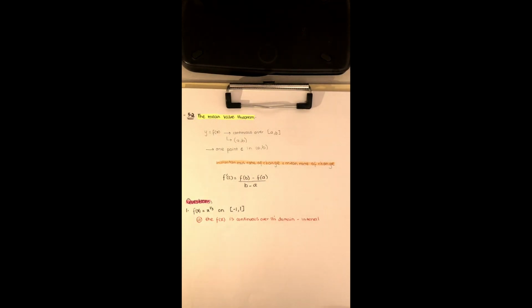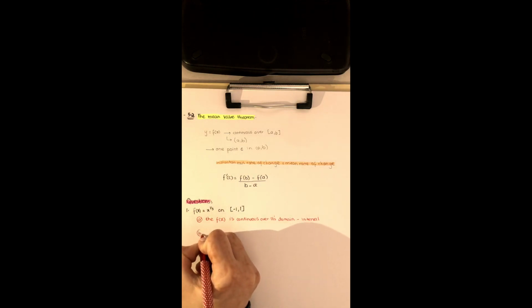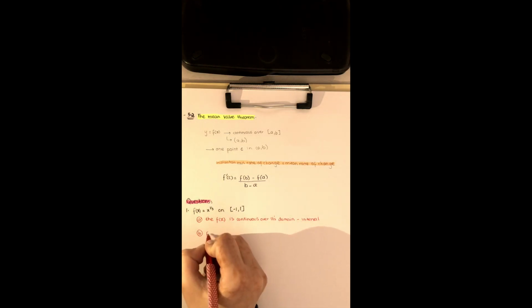To check if the function also satisfies the mean value theorem, we need to differentiate the function f of x and see if f prime of x satisfies the interval. So B, we need to find f prime of x.